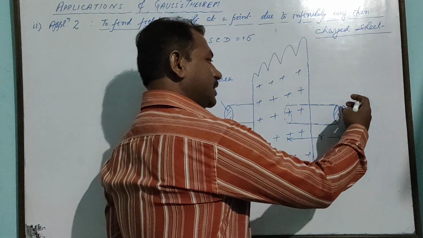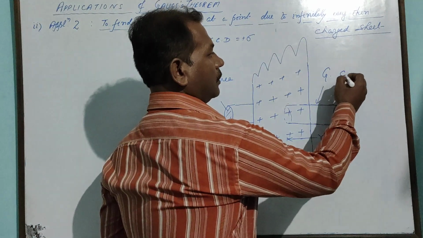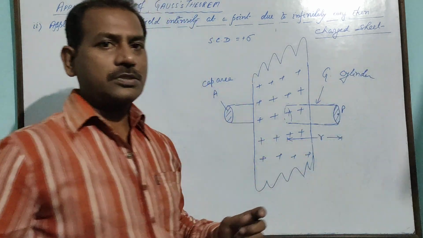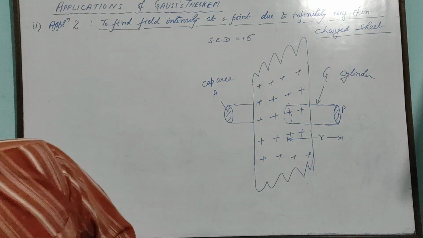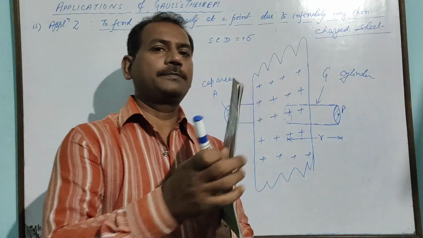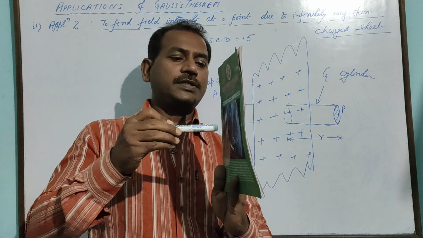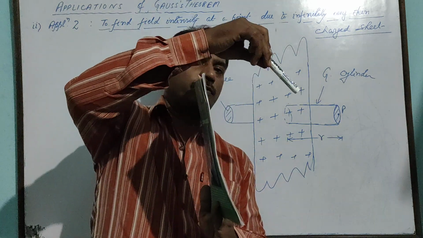This Gaussian cylinder that you have taken is actually penetrating the sheet, which means if you have taken the sheet like this, the Gaussian surface is penetrating through it and is coming out of it.